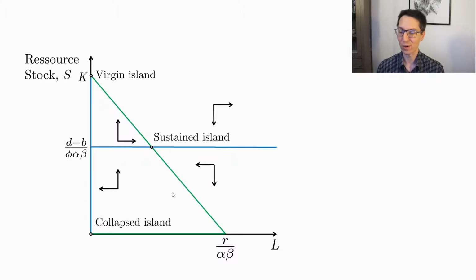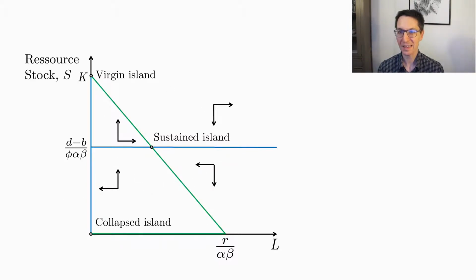So here we're not saying so far where this is going long term. We don't know if it's going to diverge or converge or go to a collapsed island or go back to a virgin island. For that, we have to have more information. But it's still possible to describe it this way, to have a certain idea of what's going on.